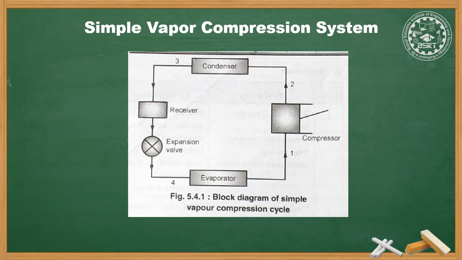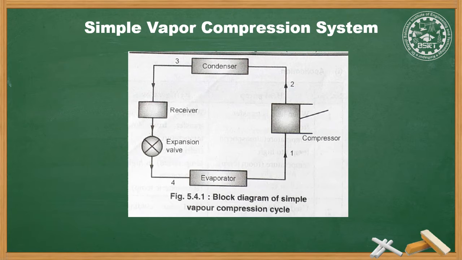The wet vapor, fairly dry vapor, leaves the evaporator and enters the compressor at point 1. This low pressure, low temperature vapor refrigerant is compressed isentropically to point 2.